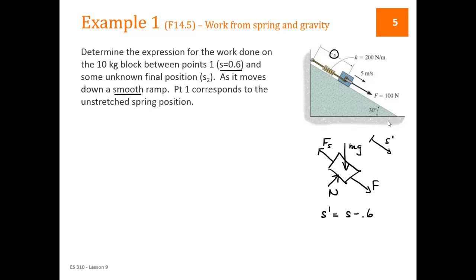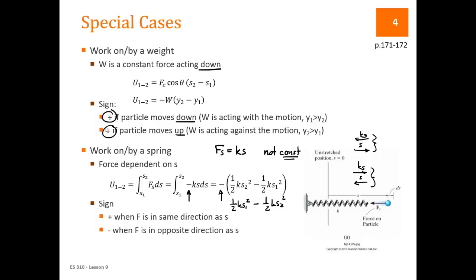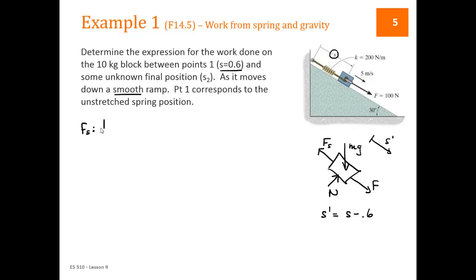So let's talk about what all of those works would be. If we look at the Fs, or the spring force, the work due to the spring force is, if we look back at the previous slide, this expression: 1/2 ks1 squared minus 1/2 ks2 squared.